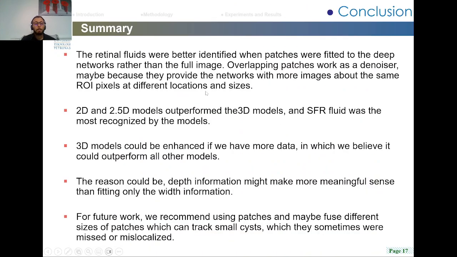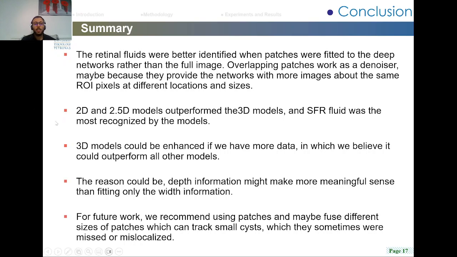As a summary, we can say that the retinal fluids were better identified when patches were fed to the deep network rather than the full image. This could suggest that the overlapping patches work as a denoiser, maybe because they provide the network with more images of the same region of interest, with pixels at different locations.